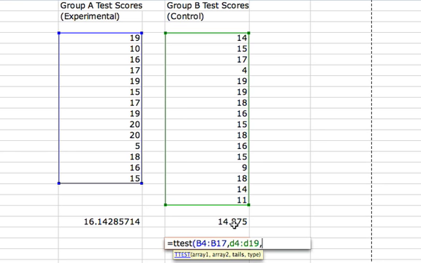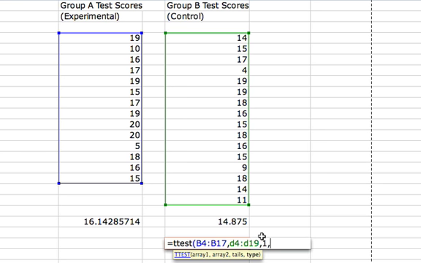Our next variable is tails. In other words, we want to check to see whether are we testing both whether group A is better than group B and group B is better than group A, or are we just testing one of those? And I think we're only really concerned with one tail, that is whether group A is better than group B. So I'm going to put a 1 in here.